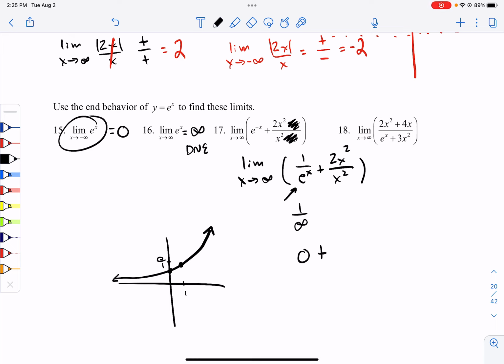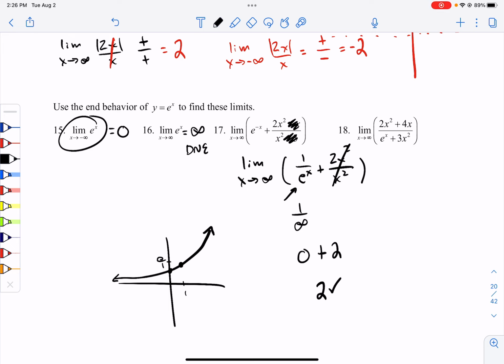All right, 2x squared over x squared. As those go to infinity, they have the same exponent of 2. So all I care about is the numbers out in front, which is a 2. So 0 plus 2, my limit of that messy thing as x goes to infinity is just 2.